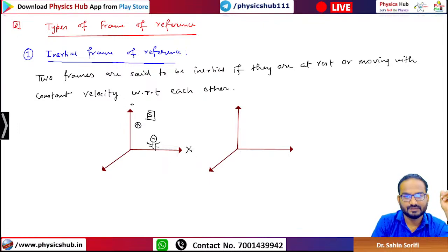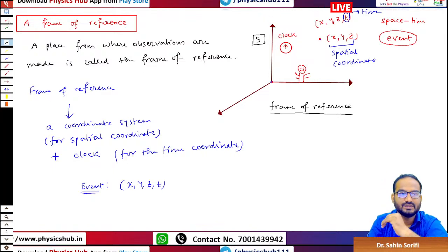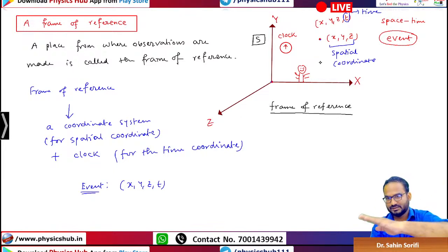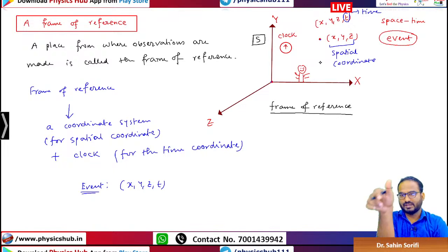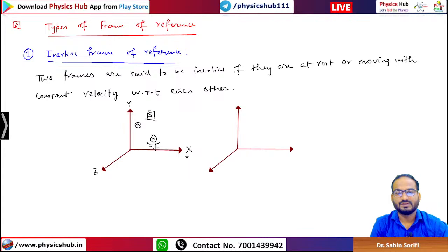It will help us. Then y, and you can change the symbols, it doesn't matter which axis we take, but you have to follow a certain procedure. If you go from x to y, it should point to z. If you rotate something from x to y, it will point out to z. In that way, these coordinates are defined.